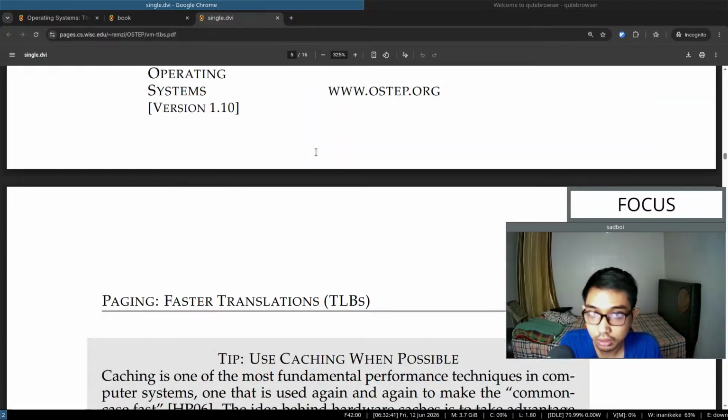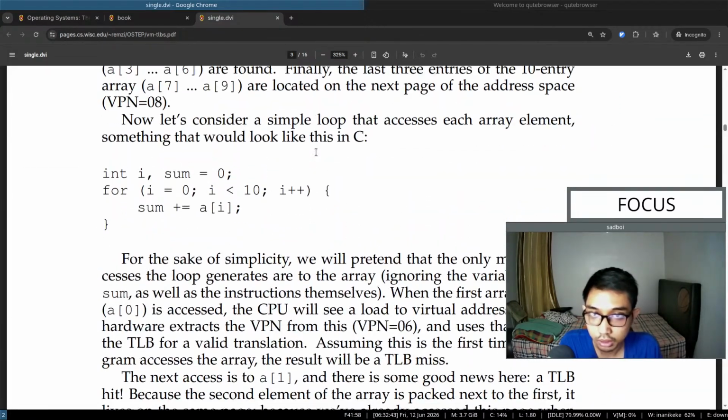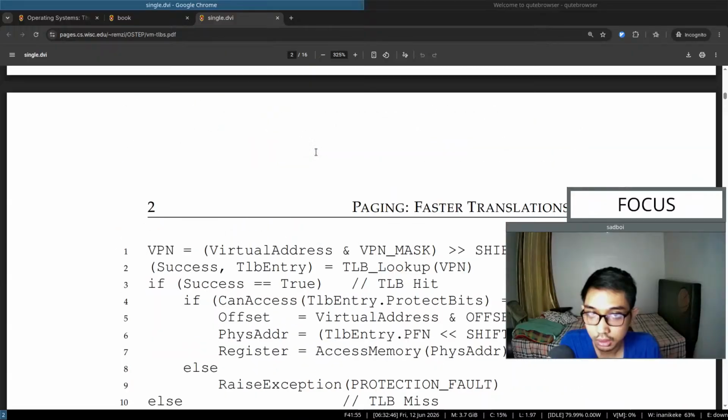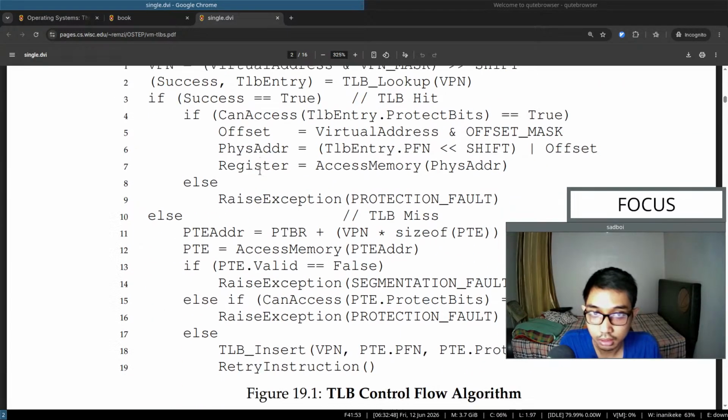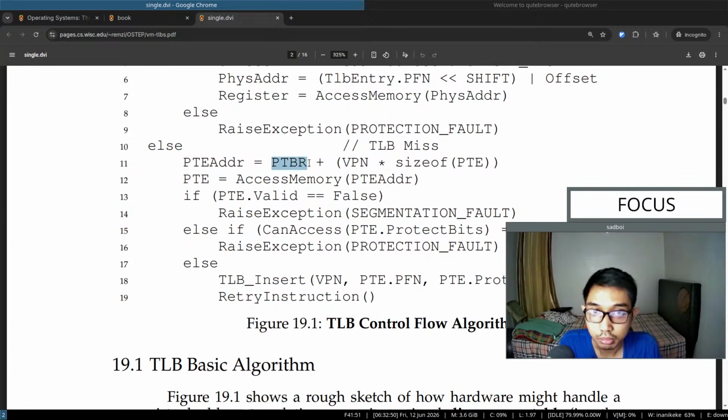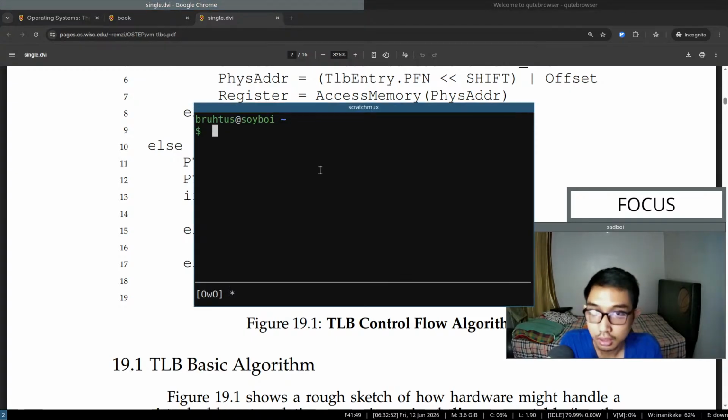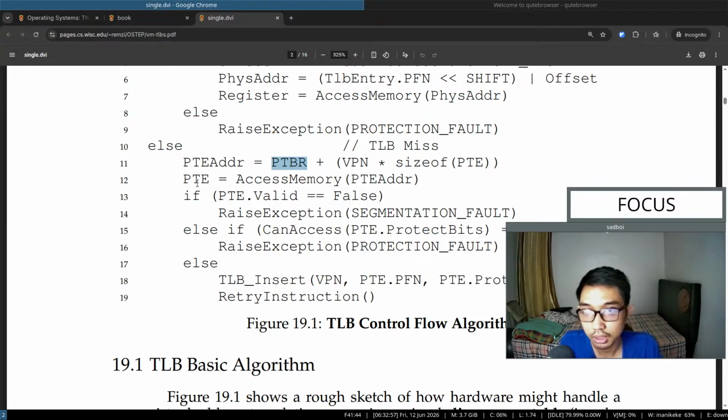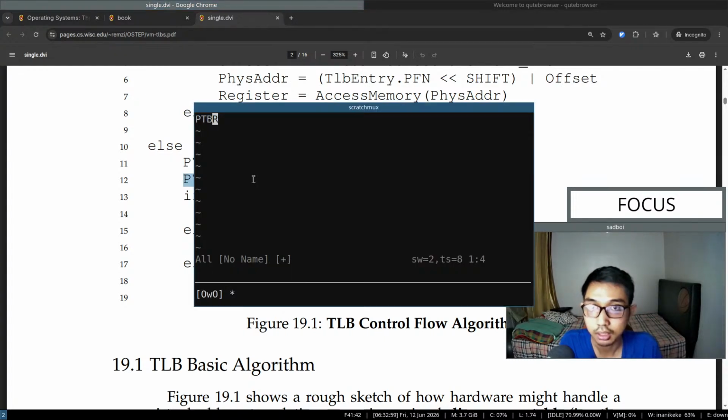I don't think it's here. Maybe it is in here, this one, PTBR. PTE here stands for page table entry, and PTBR here stands for page table base register.